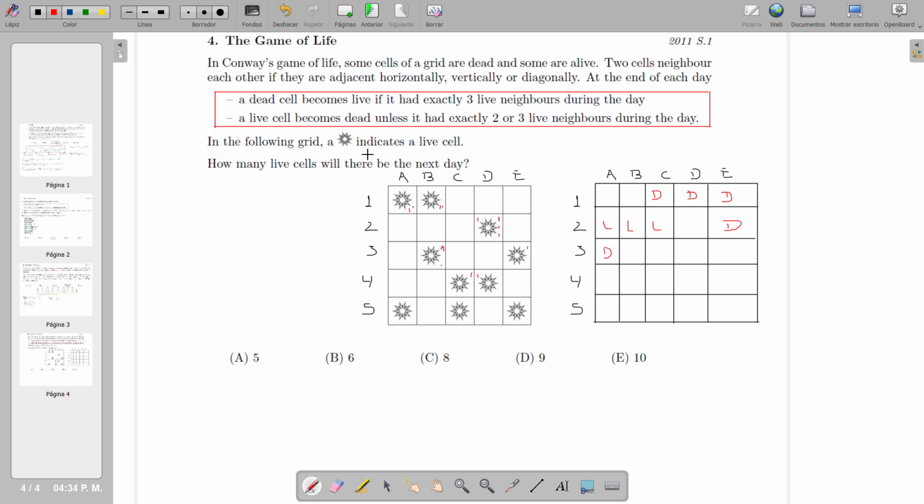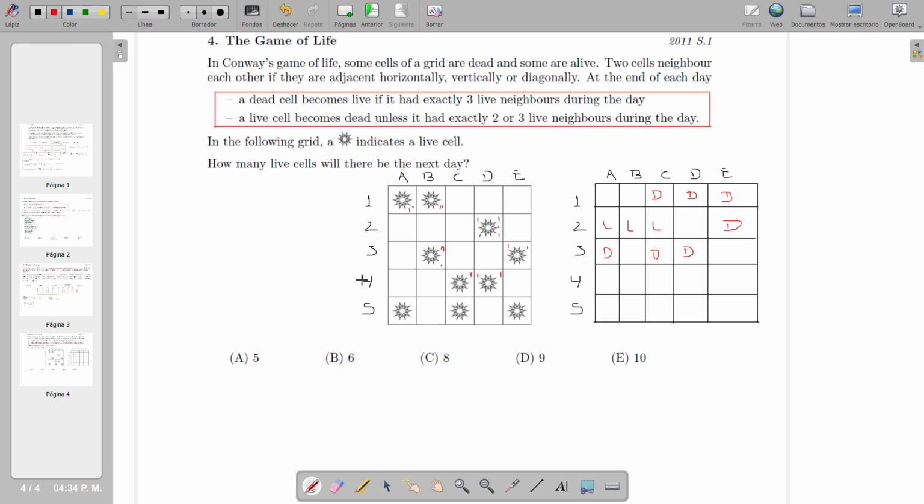So since a dead cell needs exactly 3 live neighbors, this C3 cell will be dead. The same happens to cell D3 because this cell has 1, 2, 3, and 4 live neighbors. So D3 will be dead as well.